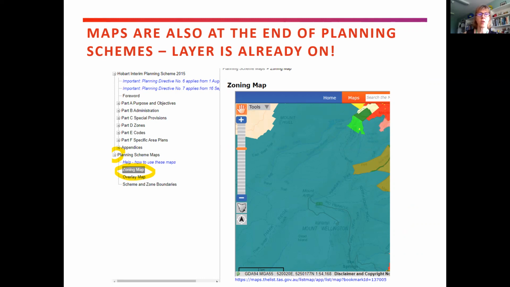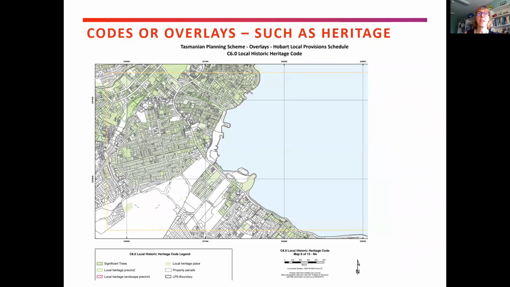I've just got a screenshot there to show you what happens when you reveal the child pages under planning scheme. It has a little cross, click on that and it will reveal the child pages, and you'll see one of them is zoning map, and you can navigate around as if you were in the list.